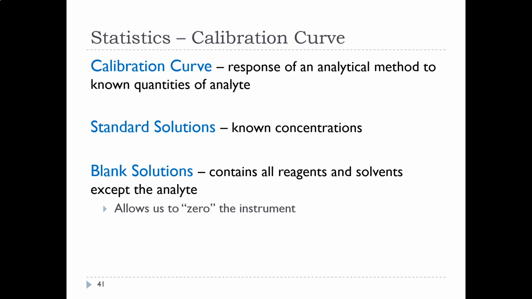Sometimes that's not true. There are some lovely internal standards and standard addition situations, but for the most part, we're going to have our blank, which will be our 0, 0 point. Our blank solution should have everything that our normal standard solutions have, except for the one analyte.